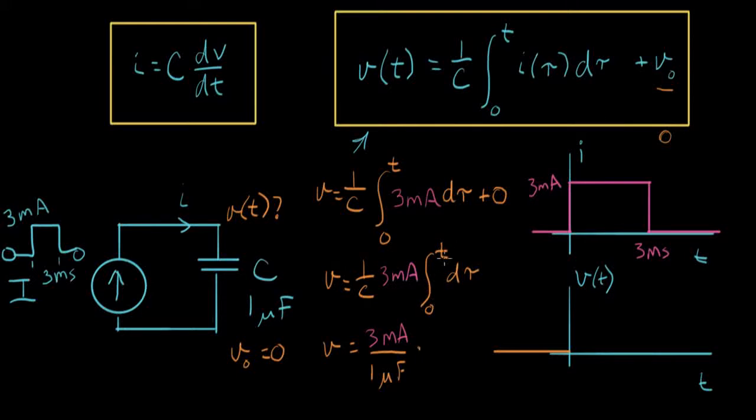The integral from 0 to t of d tau is just t. Let's do a little bit of arithmetic to reduce this. Milliamps is 10 to the minus 3, and microfarads is 10 to the minus 6.